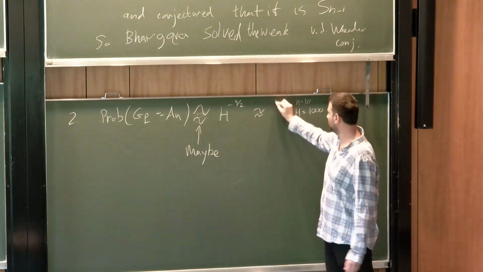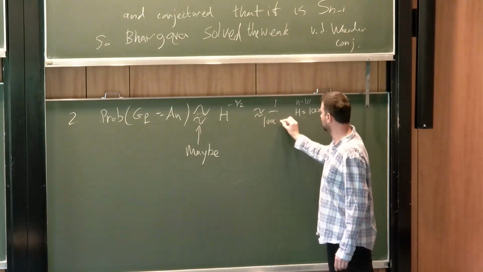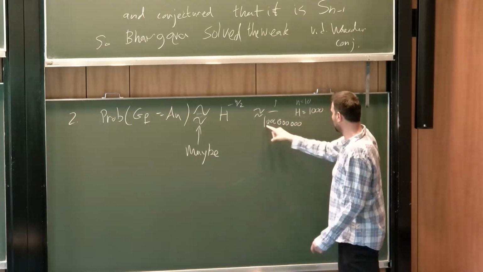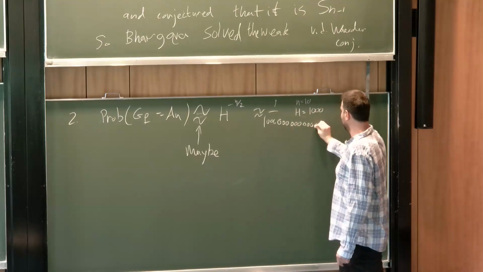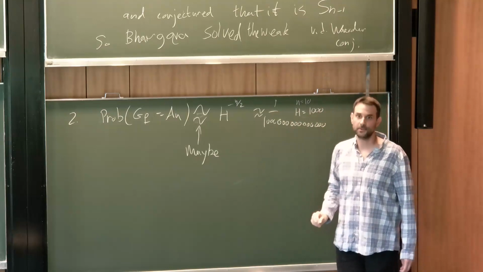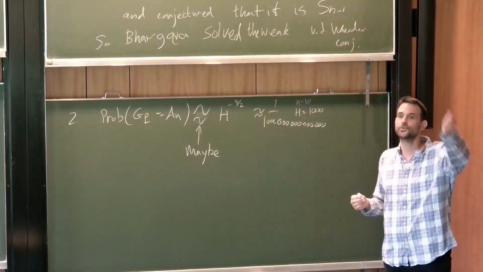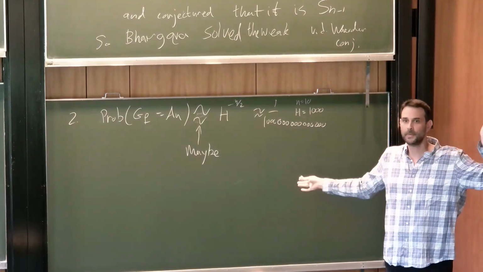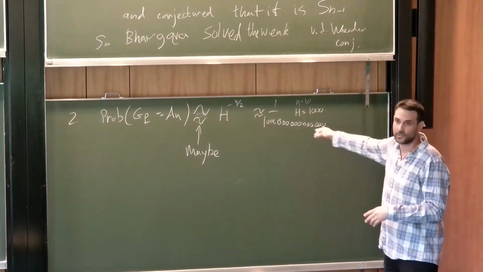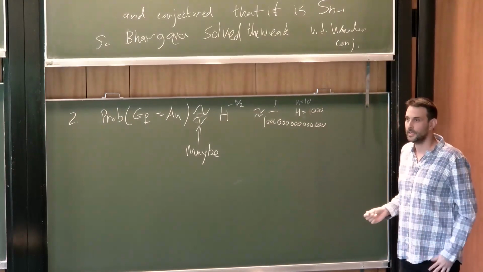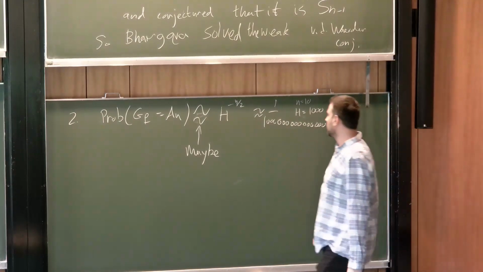It's roughly 0, I think. One, two, three, four, five, right? So if you are just dumb, you tell the computer, choose the coefficients randomly between 1 and 1,000. Then you will never get A_n. So you need to be smarter.